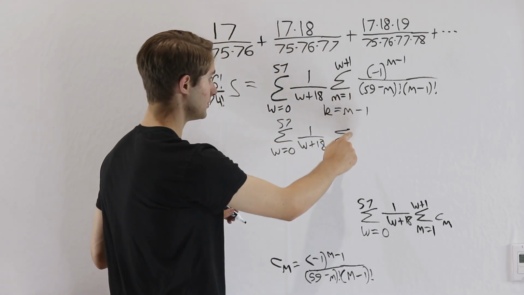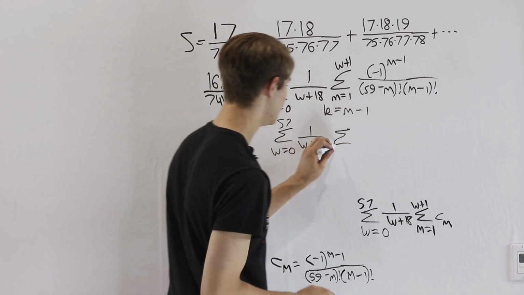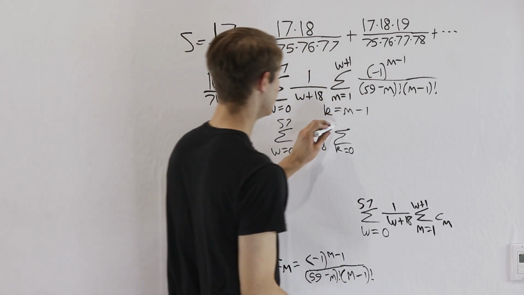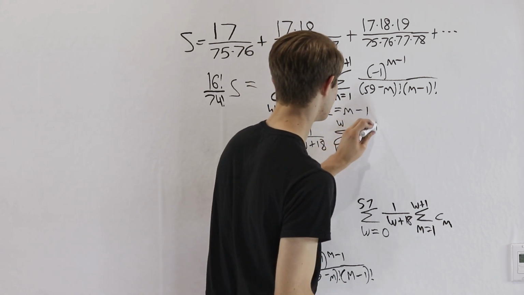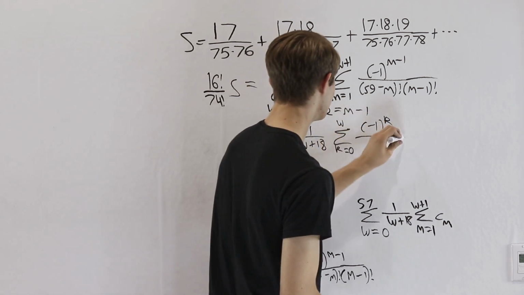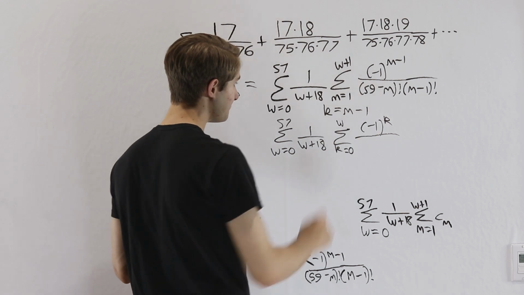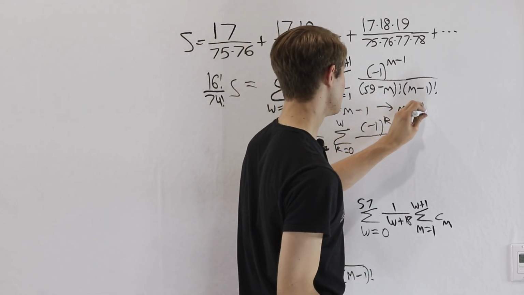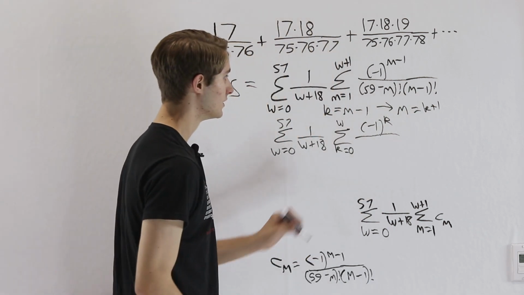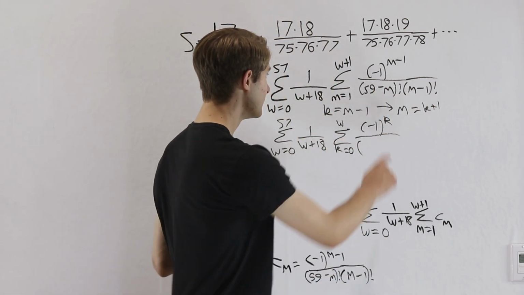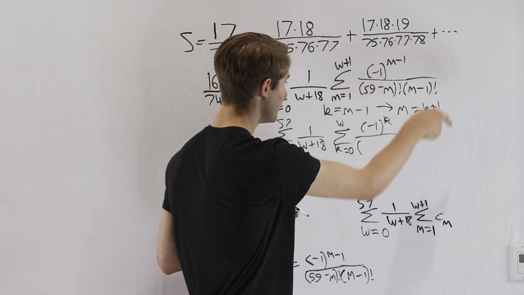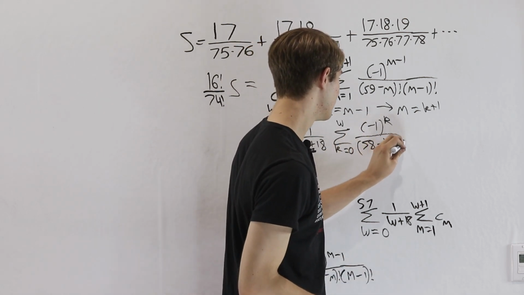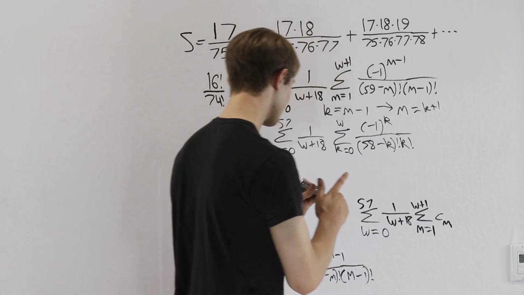Well, if m equals 1, then k is 1 minus 1, which is just 0. And then w plus 1 minus 1 is w. Then we have negative 1 to the k over. If k equals m minus 1, m equals k plus 1. So if we plug that in here, we get 59 minus k and then minus another 1. So we'll have 58 minus k factorial and then k factorial.